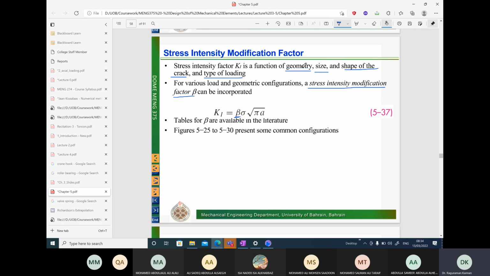It depends not only on the geometry and size of the component, but also on the type of loading. You may have a torsional load, a bending moment load, or a combined load. Depending on the type of loading, your beta values will be different, so we have to calculate the Ki value accordingly.